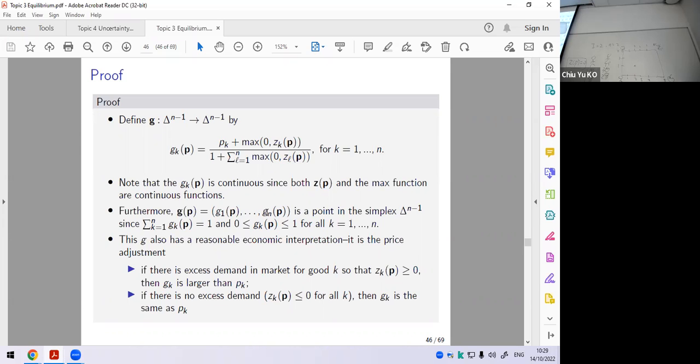That means this is a positive number, and in that case, this is bigger than the P, in some sense bigger than the original price.